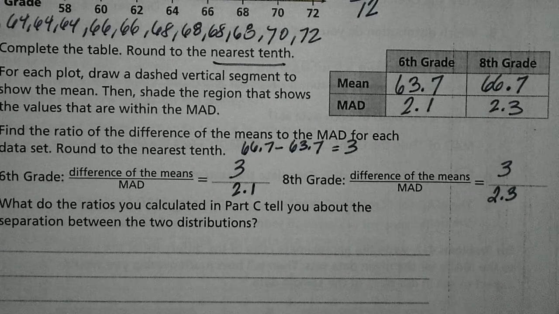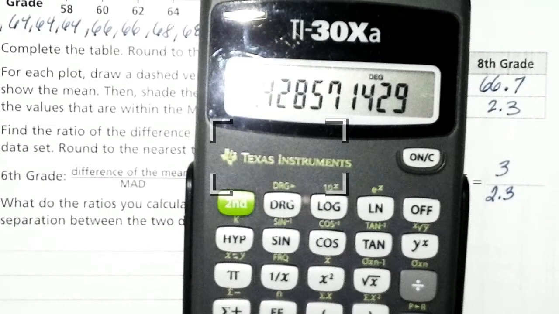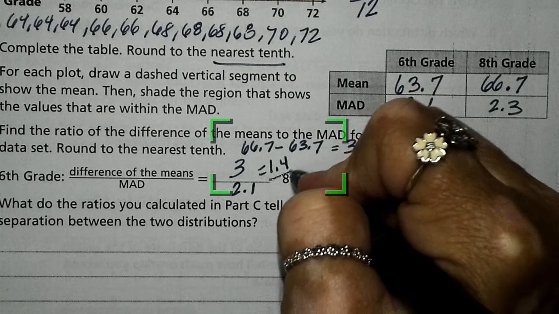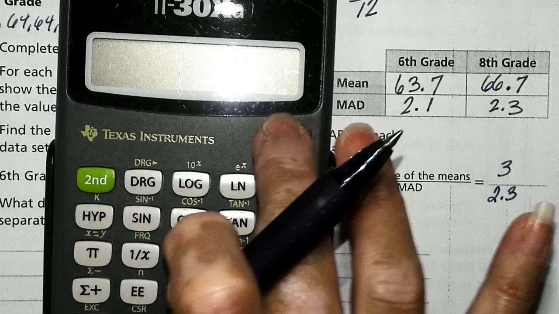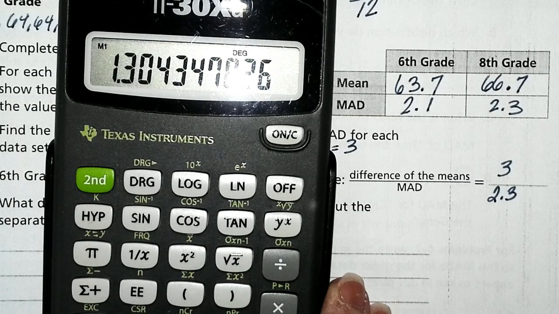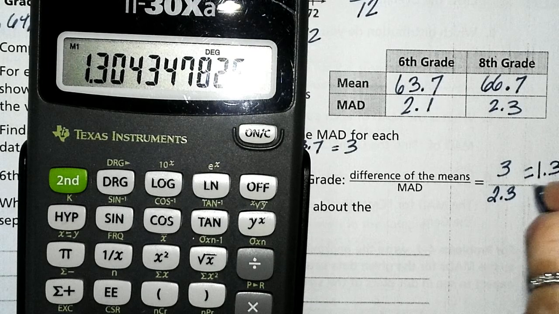Okay? So if I divide 3 by 2.1, I get 1.428. So I'm going to round that to 1.4. Okay, same thing here. 3 divided by 2.3 gives me 1.3.